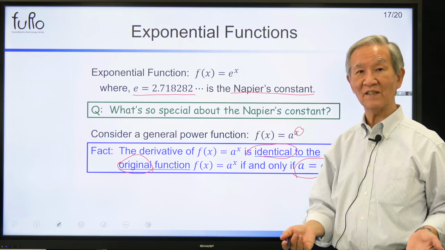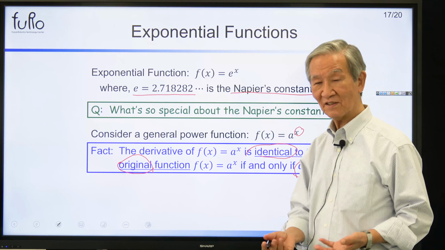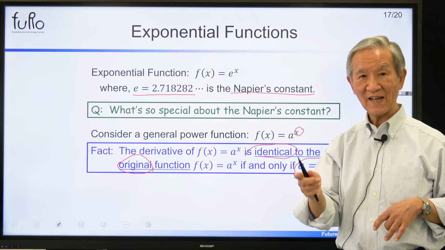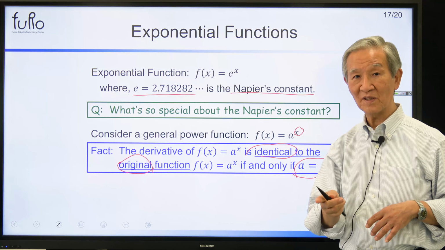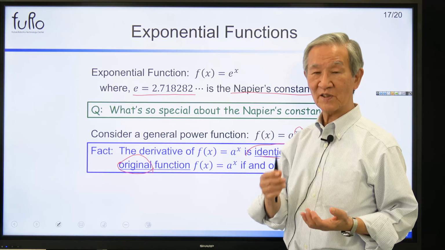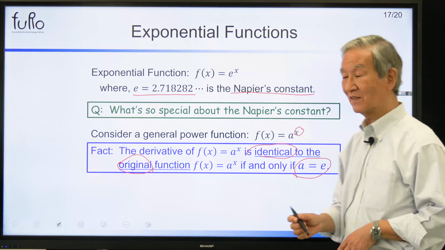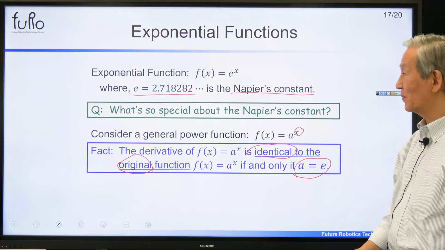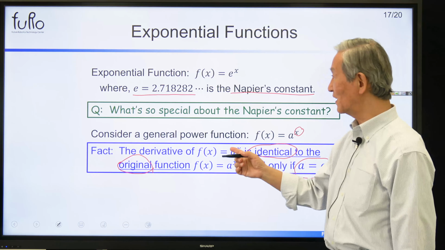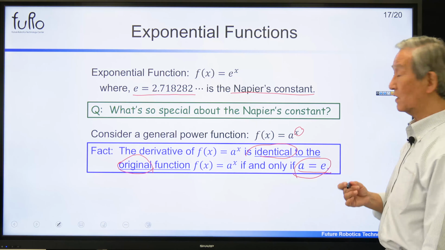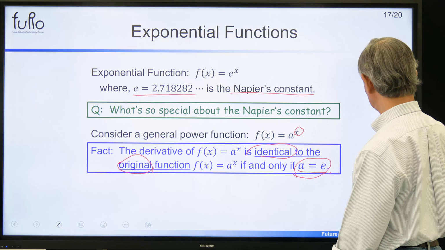Differentiation doesn't do anything. Isn't that interesting? It means that the value of the function and the derivative are the same. Speed and the function value are the same. That's so funny. I mean, strange, right? That happens only if this a is equal to e. Very special number.